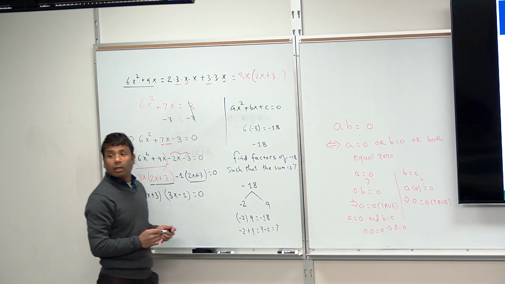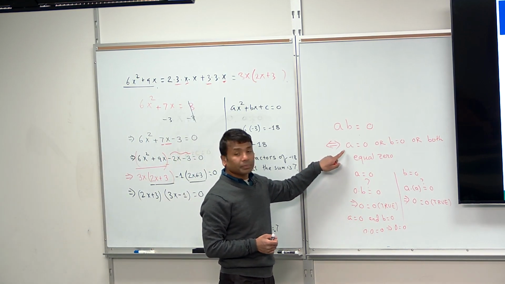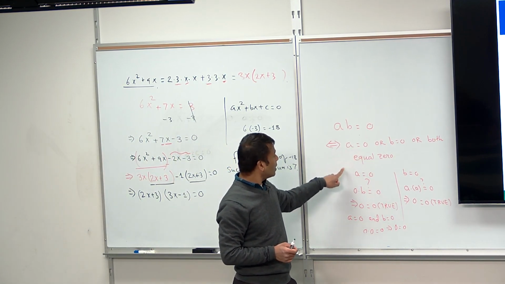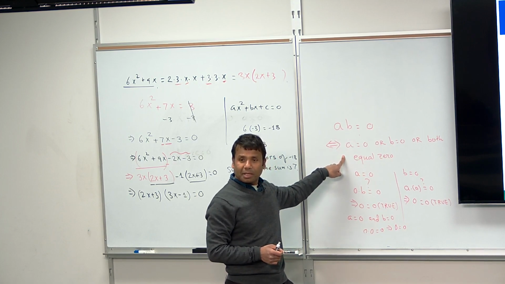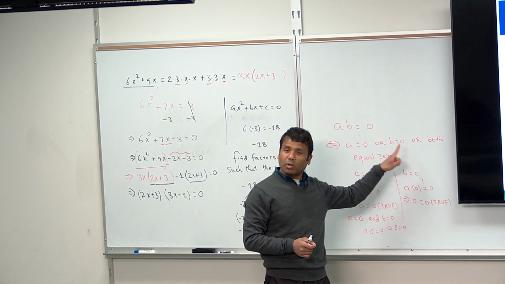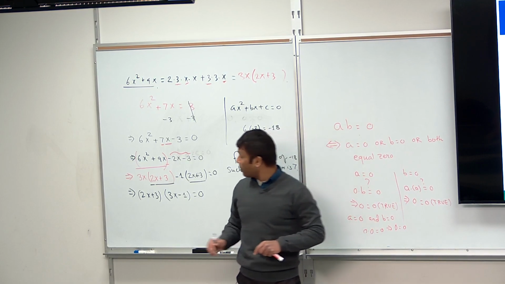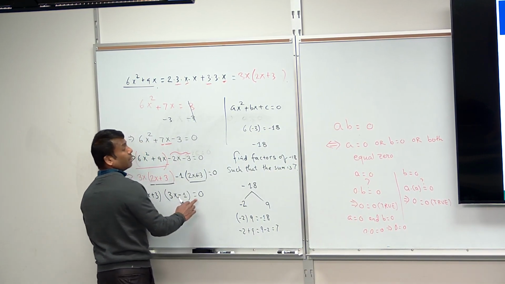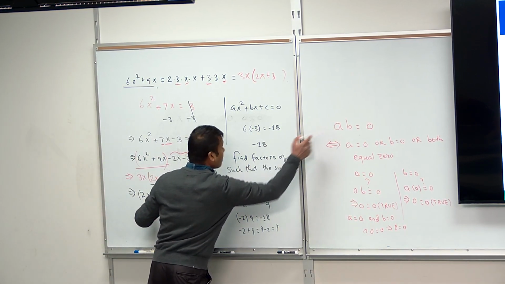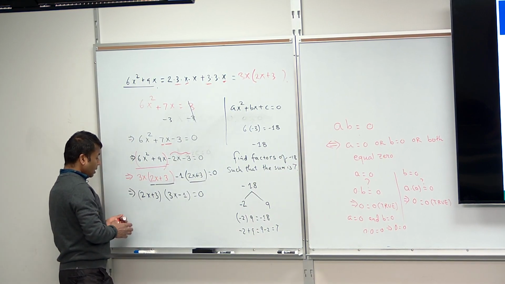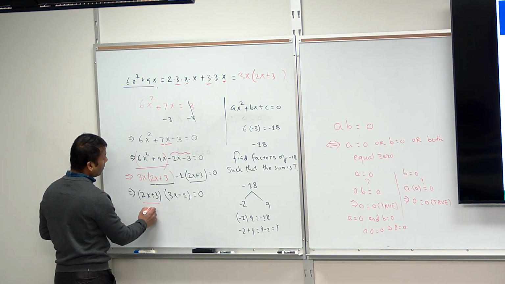Now, remember the zero factor property? If a times b equals 0, then a equals 0 or b equals 0 or both equal 0. This is in the form a times b equals 0, if you consider this as a and this as b.